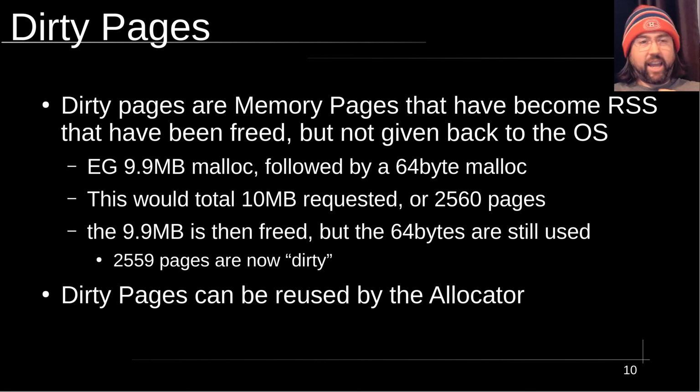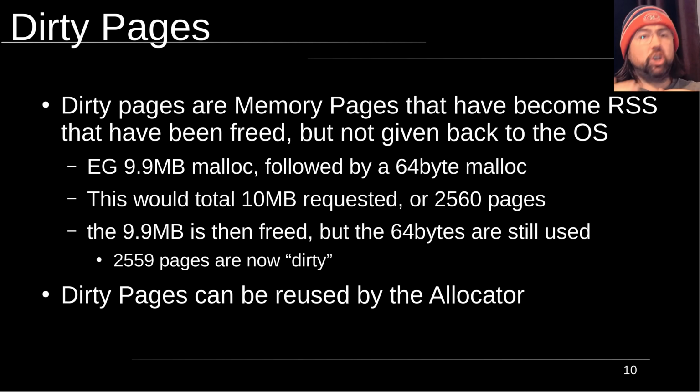So I gave you a very contrived example previously, but many applications have this problem. One way to demonstrate this is, let's say that you do a 9.9 megabyte malloc. In that case, the operating system is going to set aside 10 megabytes of space for you, 2,560 pages, each of 4096 bytes in size.